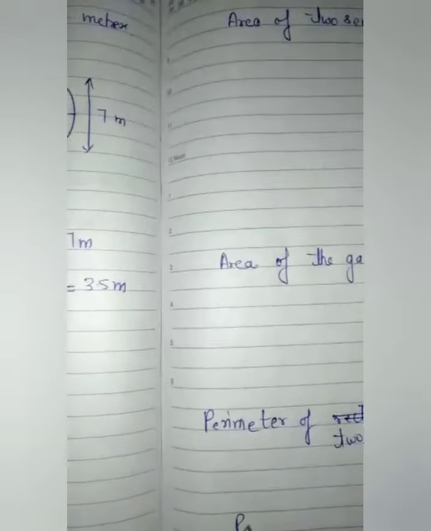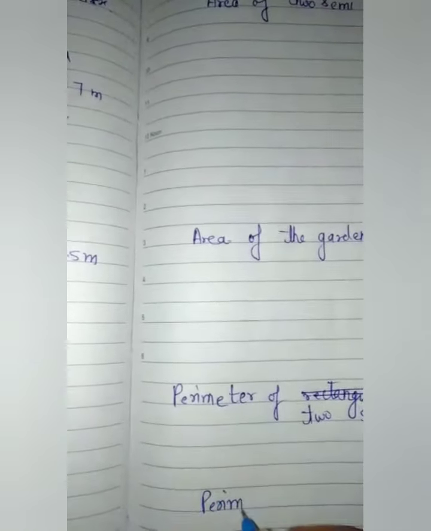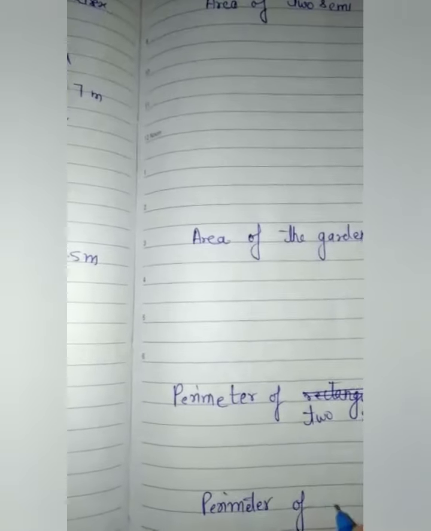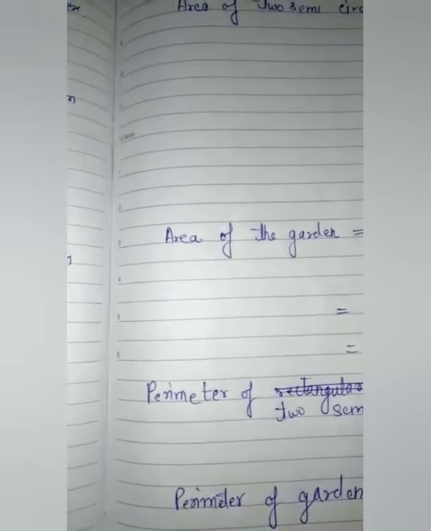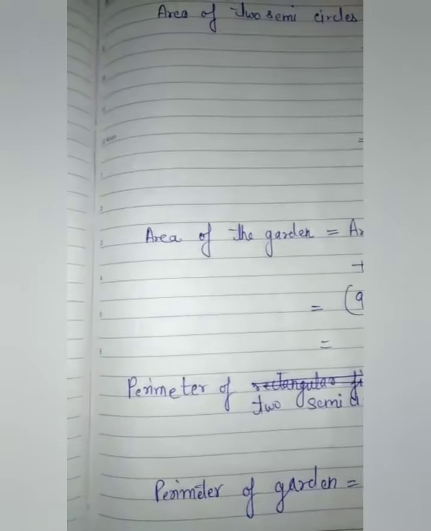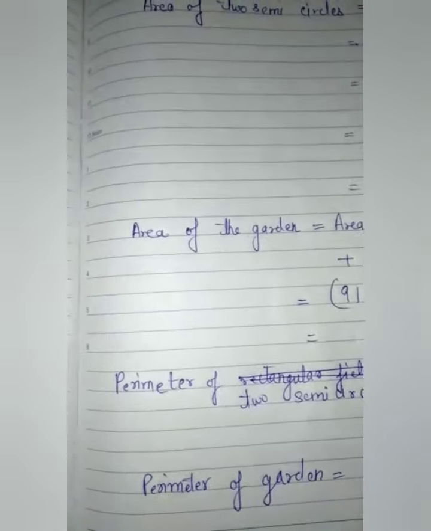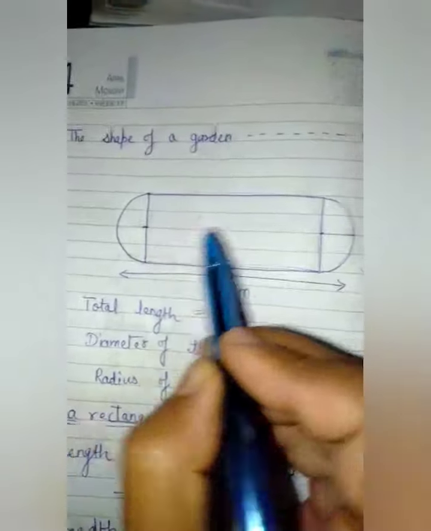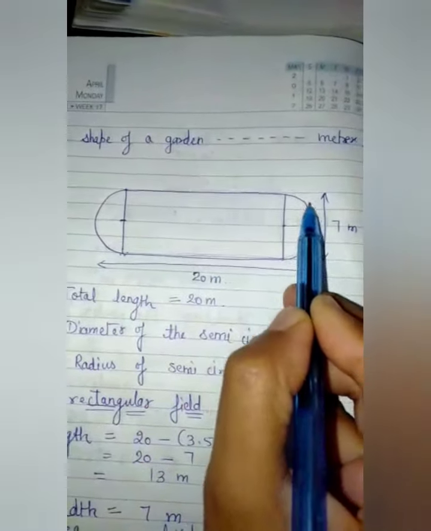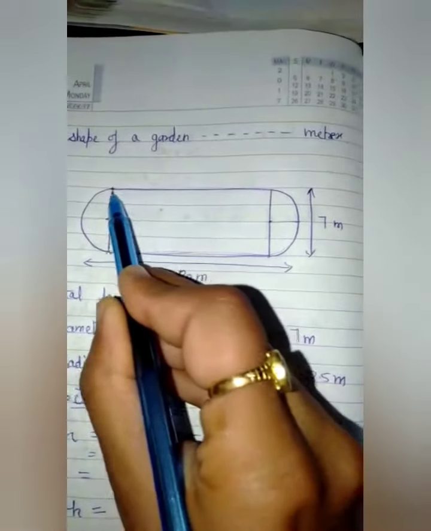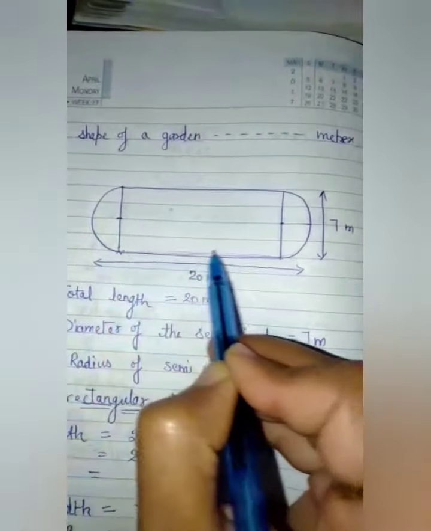So now the perimeter of the garden will be equal to 22, that is the length of the semicircles, plus these two sides, because the circumference of the garden will be only the length of the outer portion, here the boundary.